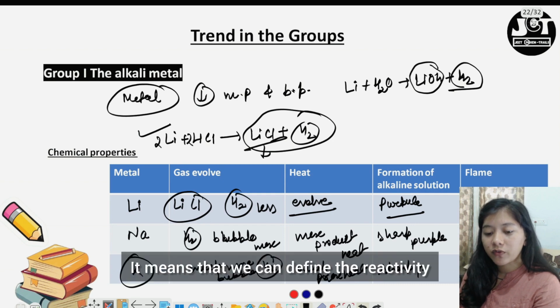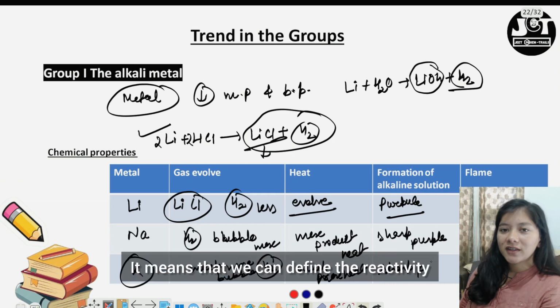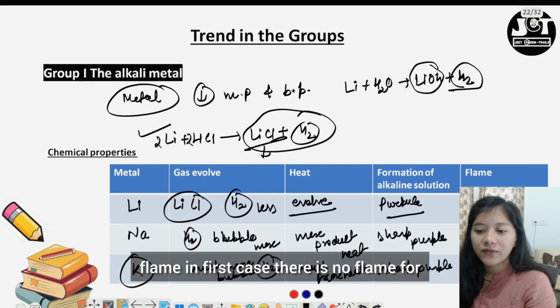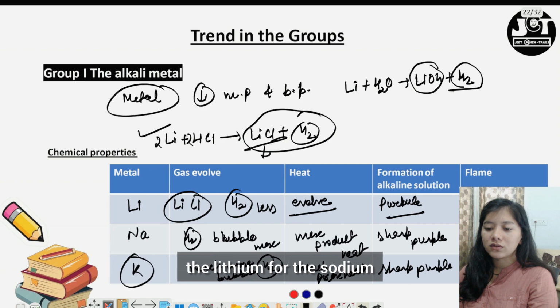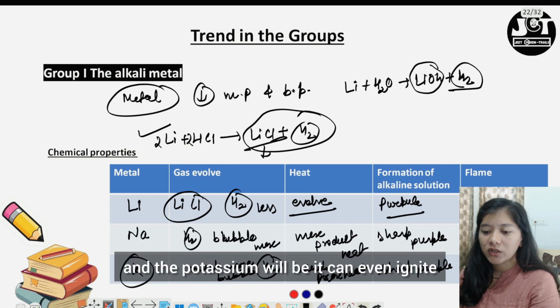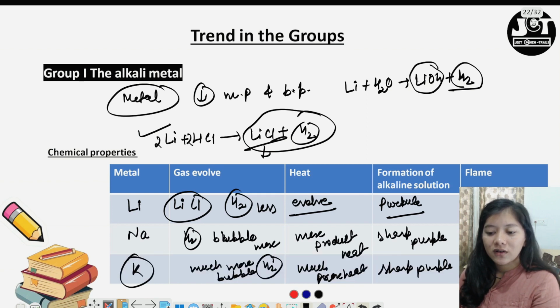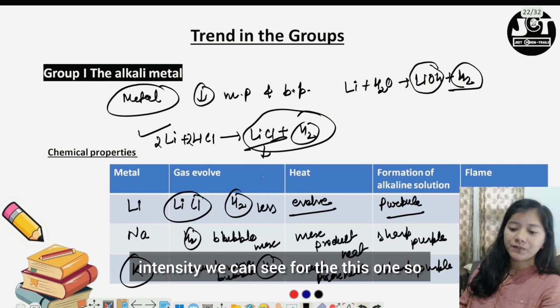It means that we can define the reactivity on this basis, isn't it? Flame: in the first case there is no flame for lithium. For sodium and potassium there will be a flame, and potassium can even ignite the hydrogen gas. That kind of intensity we can see for this one.